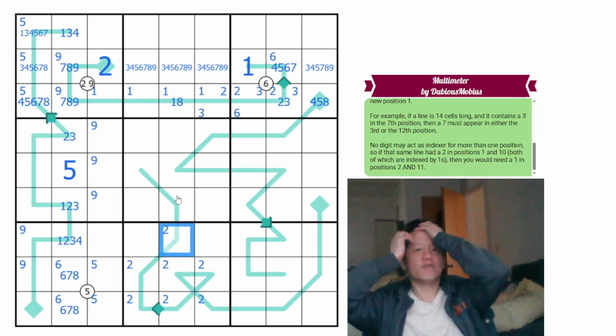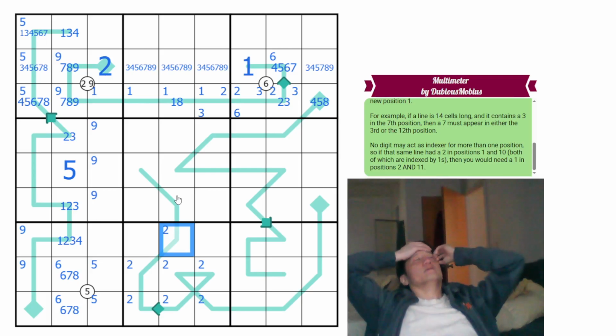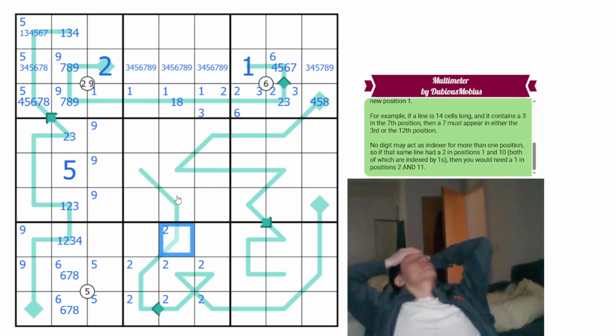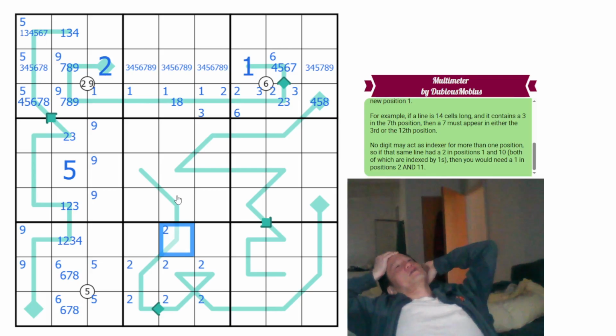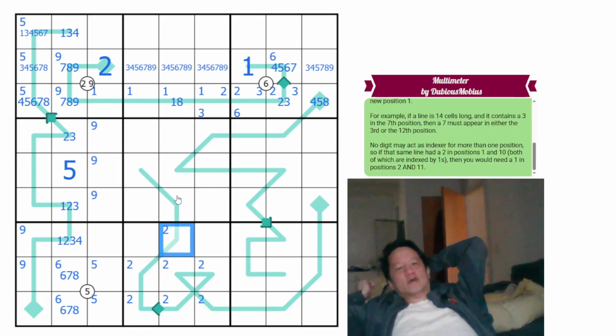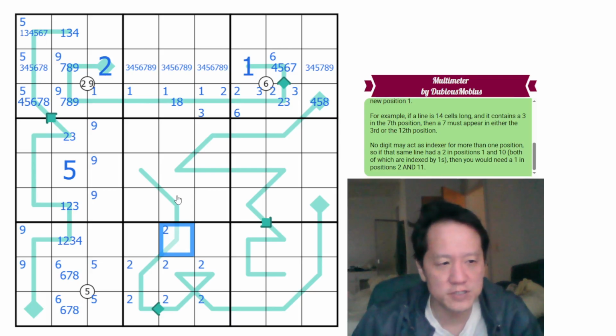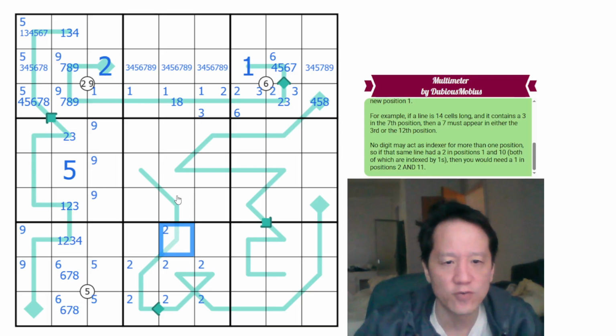So again, these index cells contain 8 1s, 8 2s, 7 3s and 4s, and 5 5s, and then 4 out of each of the remaining digits, 6 through 9.